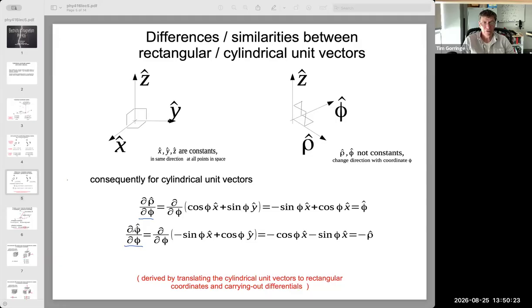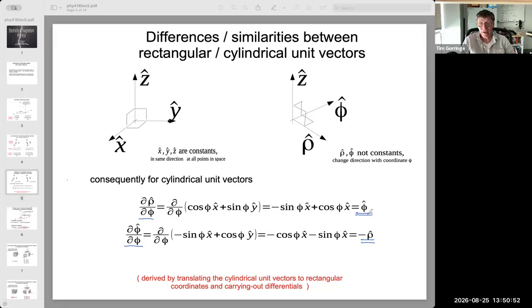Partial derivative of phi unit vector with respect to phi. I've done a calculation and I'm showing you that d rho d phi is not zero, firstly, and d phi d phi is also not zero. In rectangular coordinates, those would be zero because those directions are fixed. For cylindrical coordinates, those are not zero because rho and phi rotate, they're not fixed.